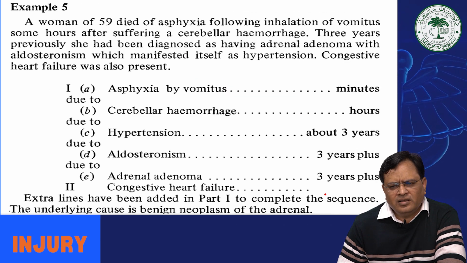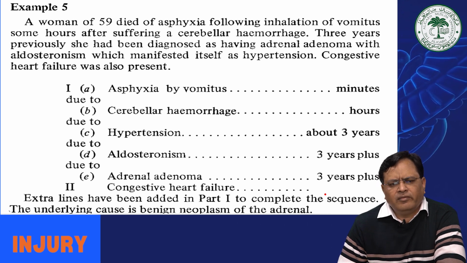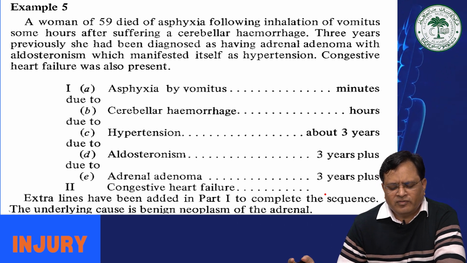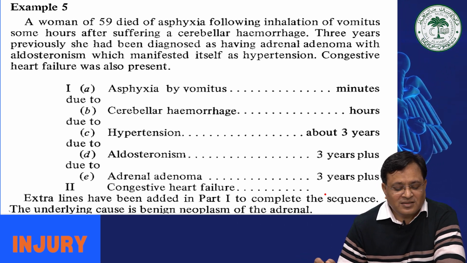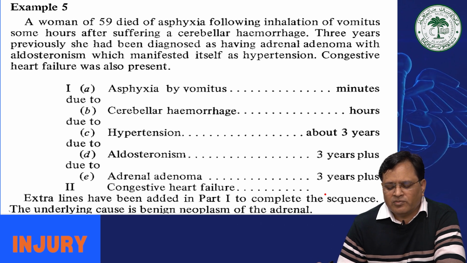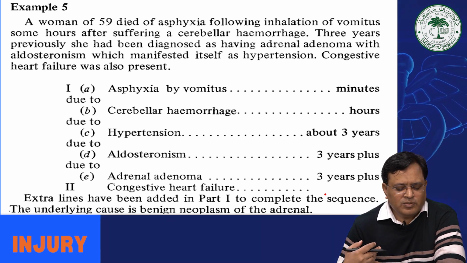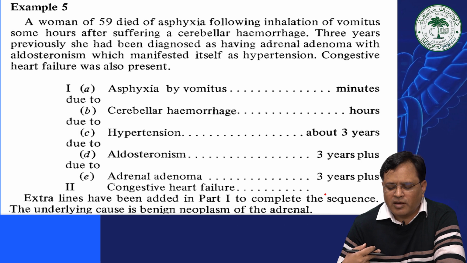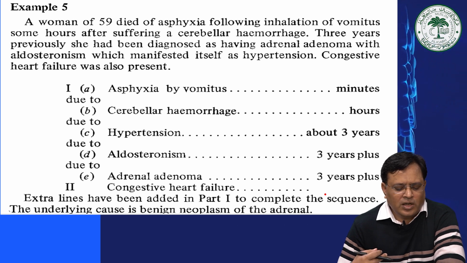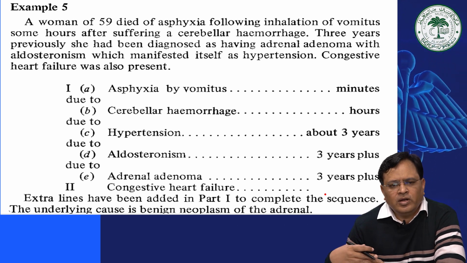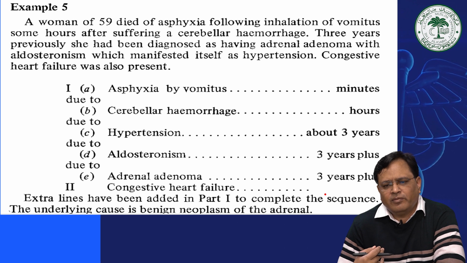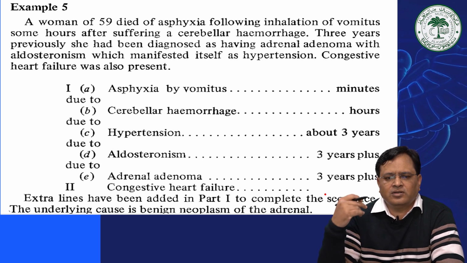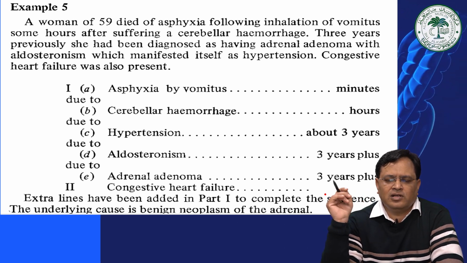Example: a woman, 59, died of asphyxia following inhalation of vomitus some hours after suffering from cerebral hemorrhage. Three years previously, she had been diagnosed as having adrenal adenoma with aldosteronism, which manifested itself as hypertension. Congestive heart failure was also present.